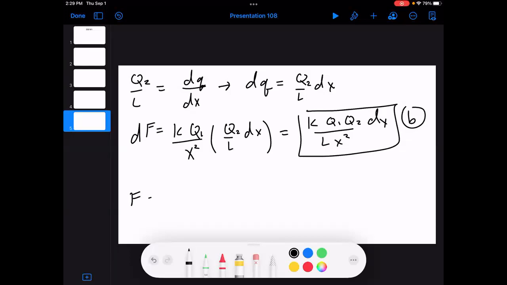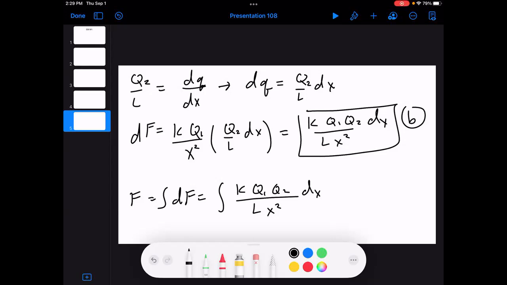So the total force will be the integral of dF, or the integral of K Q1 Q2 dx over Lx squared. And let's put some limits on that.